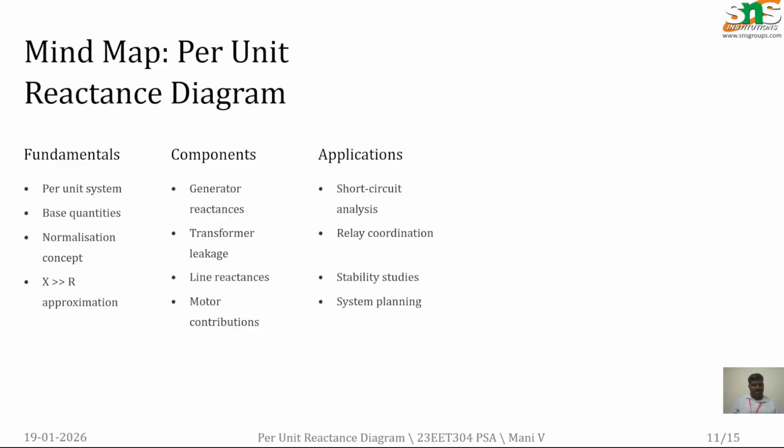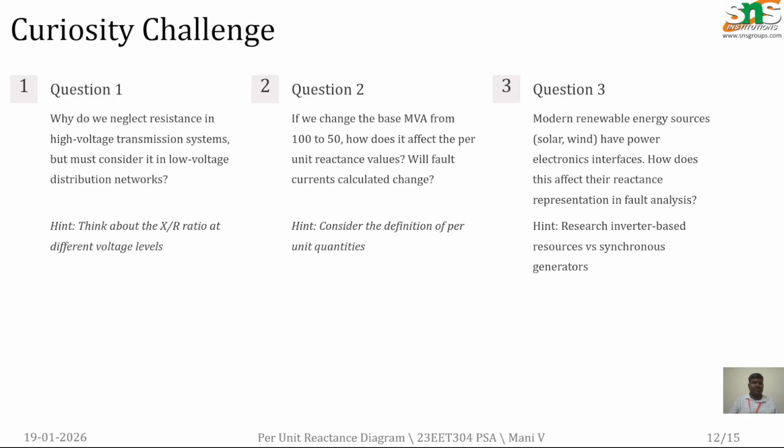So these are the basic fundamentals. For the component, we have to calculate the generator reactance, transformer leakage reactance, line reactance, and motor contributions. And according to the application, it can be used for short circuit analysis, relay coordination, stability studies, and power system planning.